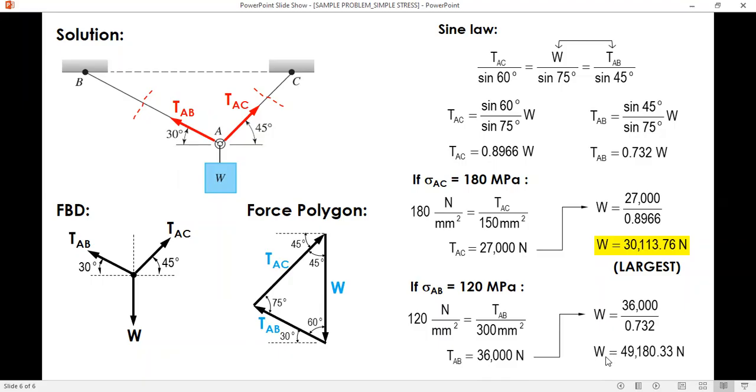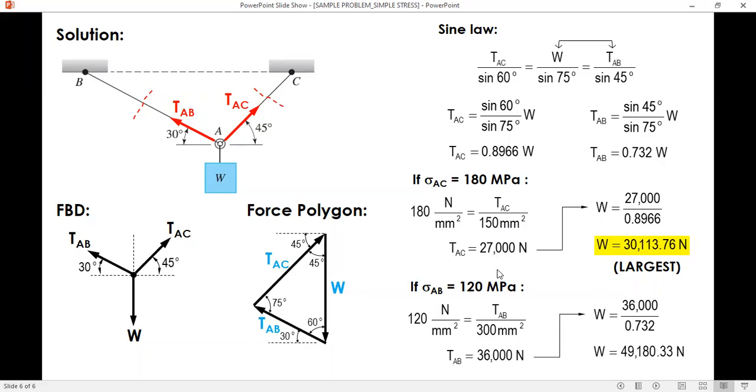But if we will use this value for cable EC, 49,180.33 times 0.8966, the value of TEC will be bigger than 27,000.